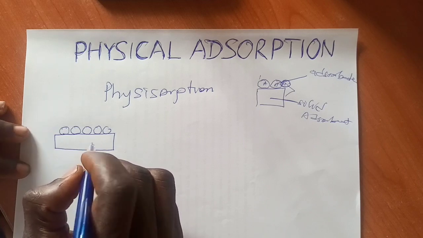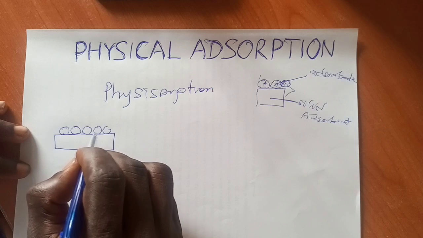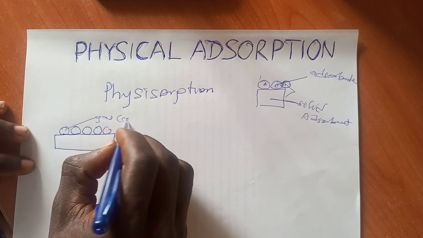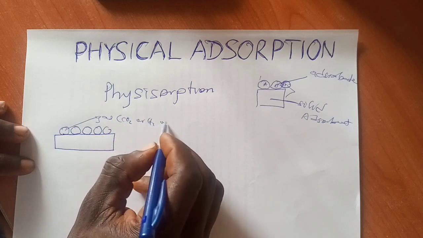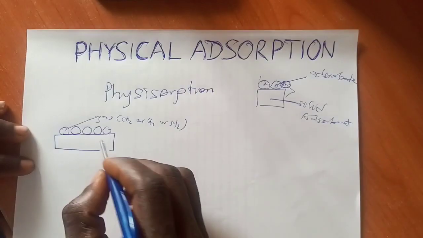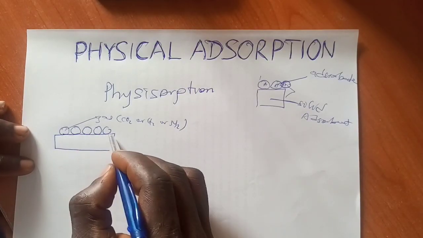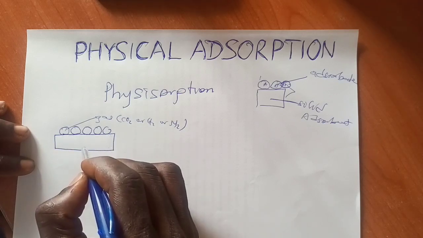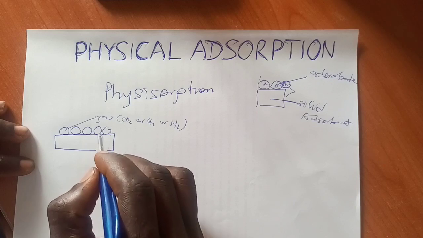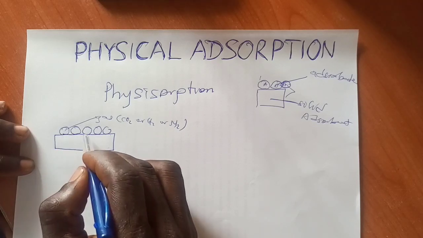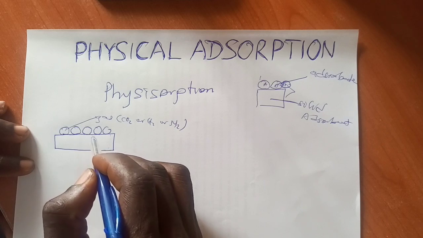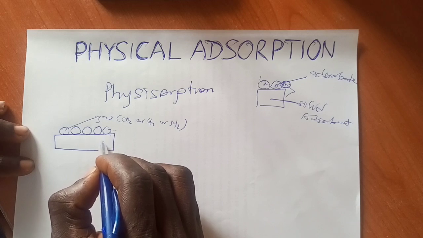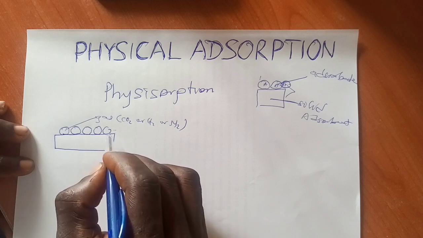I come again. When a gas, for example CO2, hydrogen or nitrogen gas, is held on the surface of a solid by a van der Waals force, meaning that as it is deposited on the surface, the only force it can bring out is a van der Waals force, then the force holding this molecule to the adsorbent is a van der Waals force.